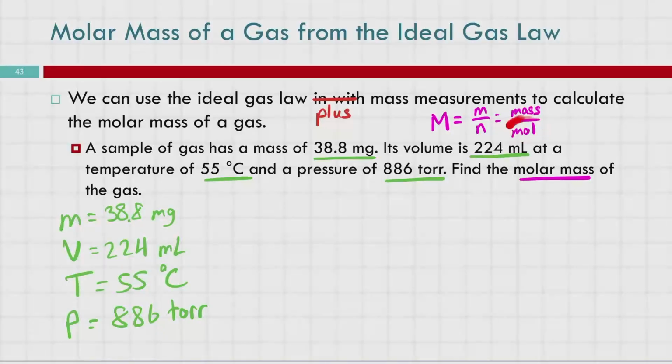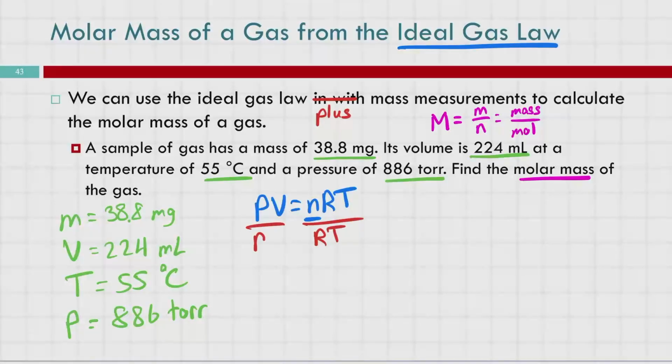So we need to find the number of moles. We're going to be using the ideal gas law, PV equals nRT. The number of moles is n, so we need to find n. Move RT to the other side, and this will turn into n equals PV over RT.